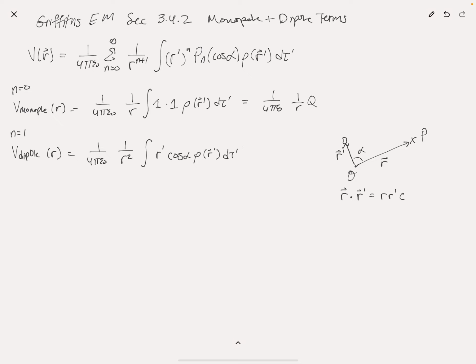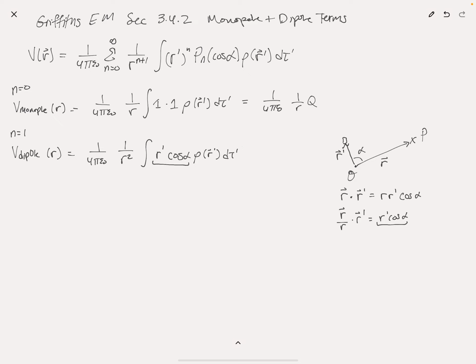Okay, dot product becomes r r prime cosine alpha, and I'm going to go ahead and divide each side by the magnitude of my vector r. Okay, so I divide each side by an r. I'm left with r vector over r magnitude dotted with r prime. That's equal to r prime cosine alpha. Again, you can see what I'm doing here. This is going to match my argument inside of my integral.